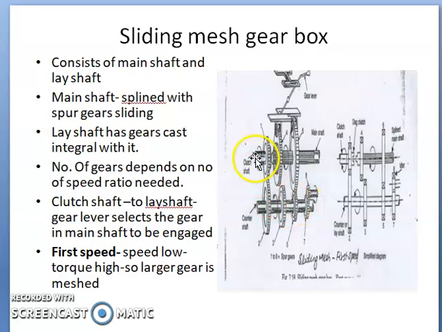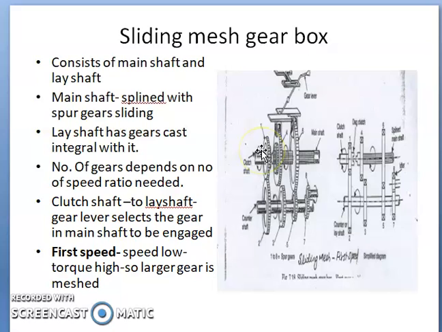So now what happens? This shaft rotates, and as a result, this shaft also rotates. Since this gear has a smaller number of teeth and this has a larger number of teeth, this will rotate at a faster rate, whereas this will rotate at a slower rate, and thereby the torque is also multiplied. So for the first gear, the torque is high and speed is low.